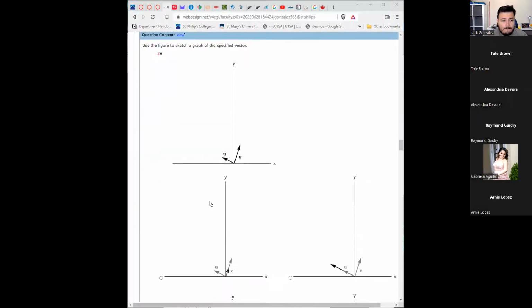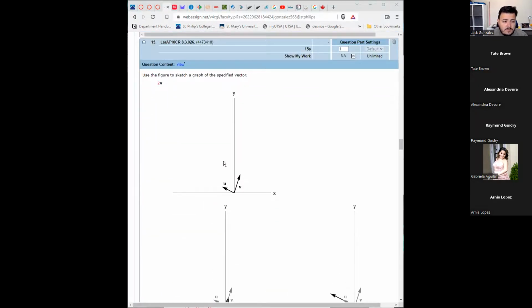This is the next part. So, well, here's V. What happens if I multiply V by 2? Well, you're going to double the magnitude, meaning length, right? Magnitude is length. So if I double that, it'd be just twice the size, right?